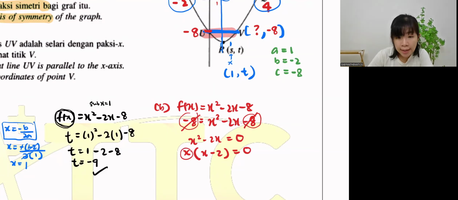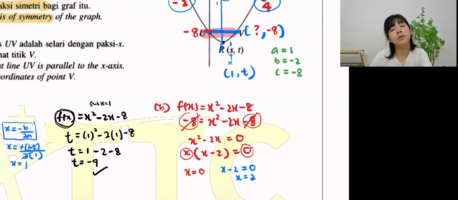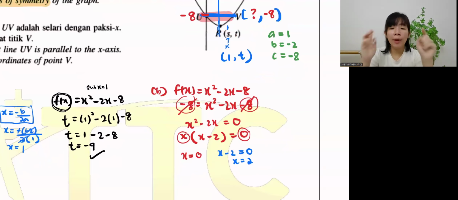So the first answer, x equals 0. The other one, x minus 2 equals 0, so x equals 2. So you have two answers. When y is -8, the x is either 0 or 2.